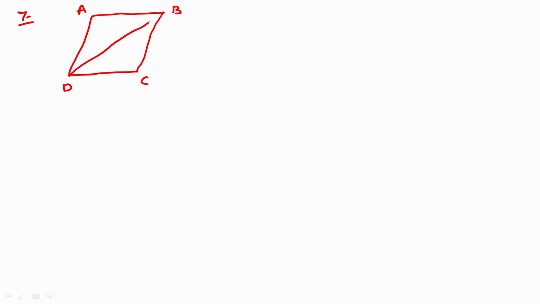In the next question, question number 7, prove that the sum of the squares of the sides of a rhombus is equal to the sum of the squares of its diagonals. So this is your rhombus ABCD, and AC and BD are the diagonals of this rhombus.